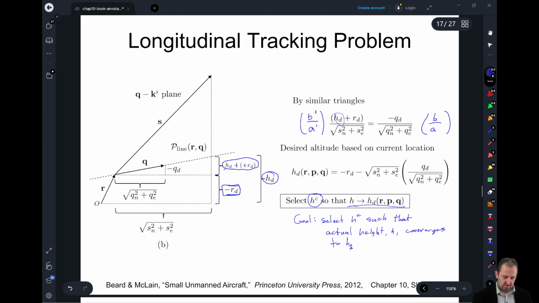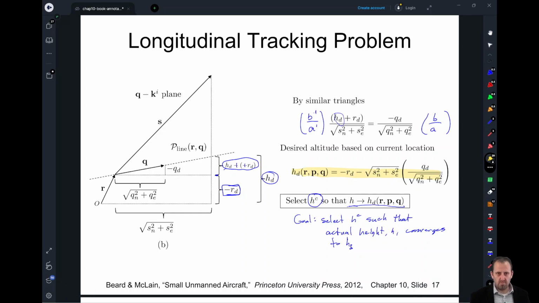Okay, so that's our longitudinal tracking problem. And realistically, this equation right here is now going to be the most difficult part of this problem.